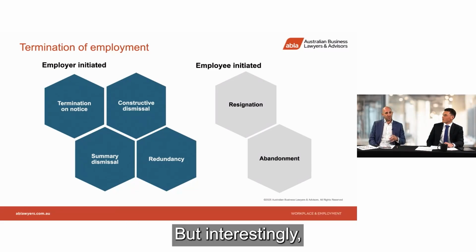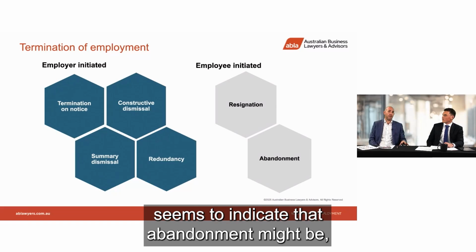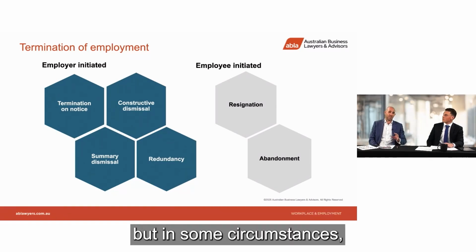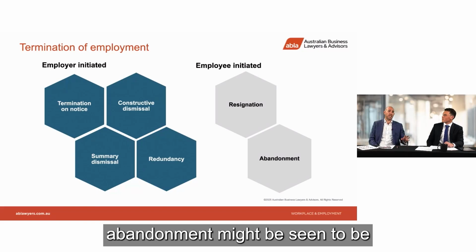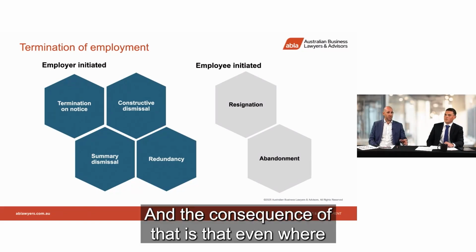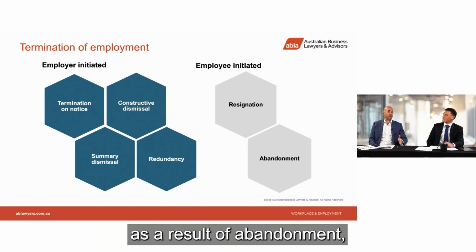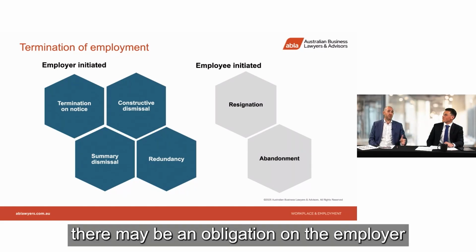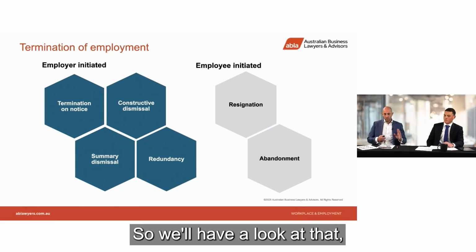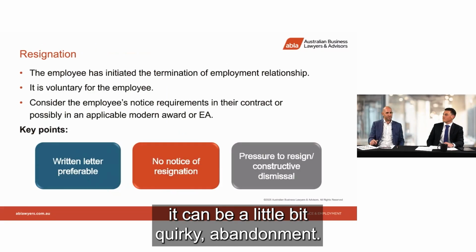But interestingly, there is a case that seems to indicate that, depending on the circumstances, abandonment might be seen to be an employer-initiated termination. And the consequence of that is that even where an employment relationship ceases as a result of abandonment, there may be an obligation on the employer to pay notice or to provide notice. So we'll have a look at that, but that's just one to remember. It can be a little bit quirky, abandonment.